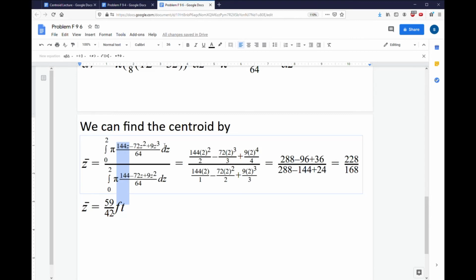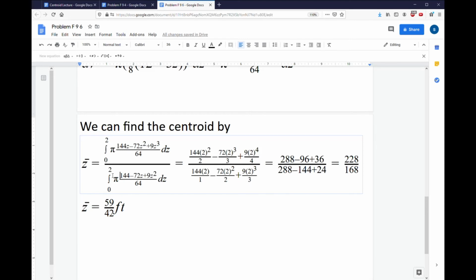And 9z cubed integrates to 9 over 4 z to the 4th. Down here at the bottom, 144 integrates to 144z. Negative 72z integrates to negative 72 over 2 z squared. And 9z squared integrates to 9 over 3 z cubed.